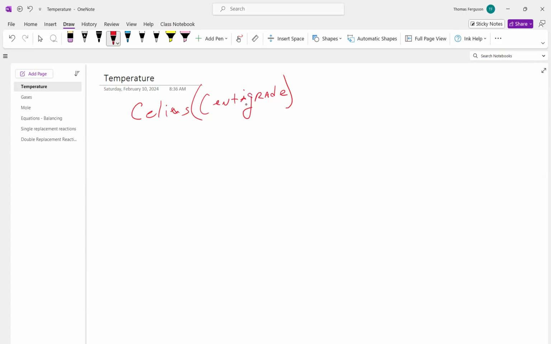So centigrade, centi means 100. Keep that in mind.